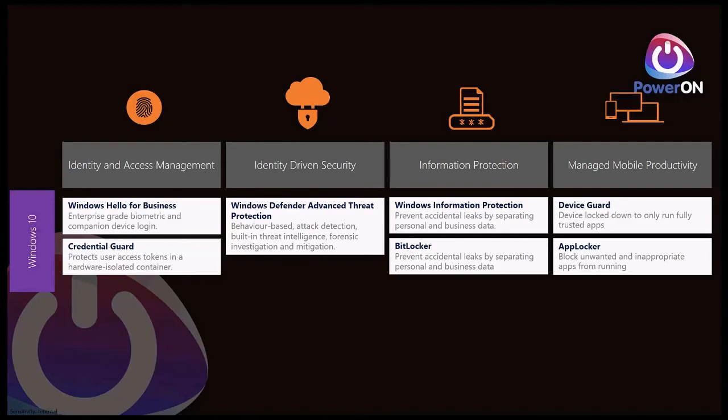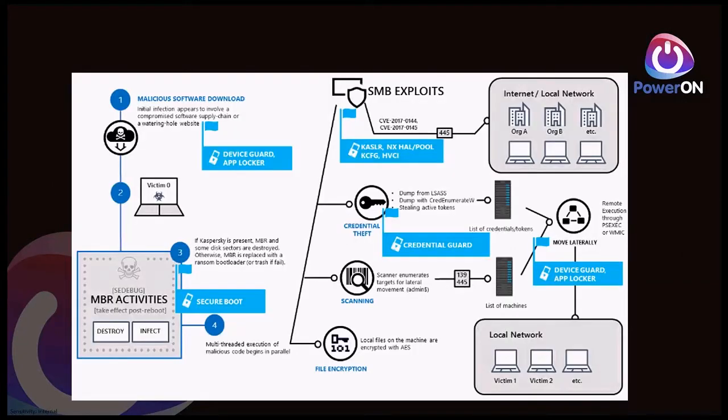Okay, so the technologies that I've just rattled through, how can they help? How can these technologies and security features help protect our environment? So for Windows 10, we've got Windows Defender Threat Protection, Information Protection, Bitlocker, DeviceGuard, AppLocker, all of these lovely tools that protect different aspects of the environment and help us protect against these attacks.